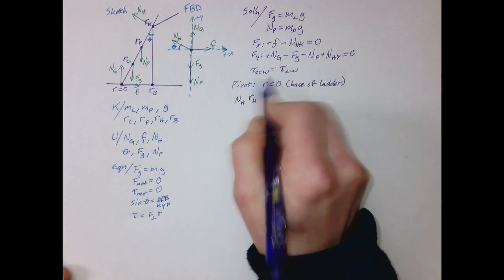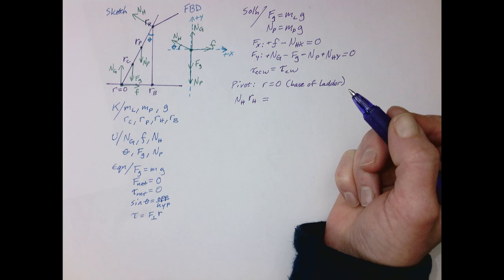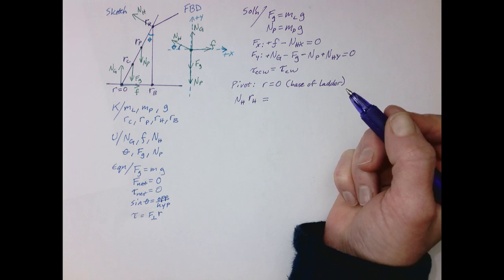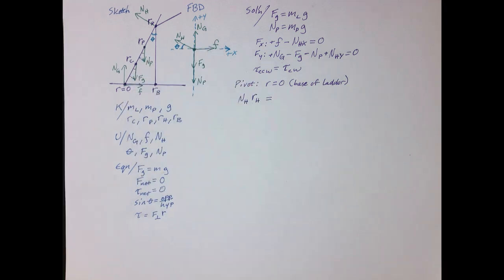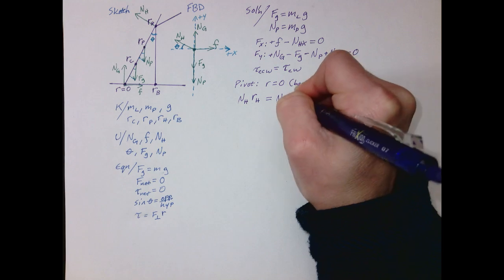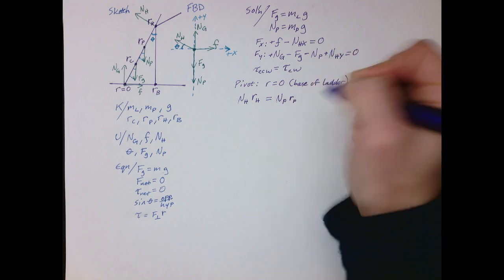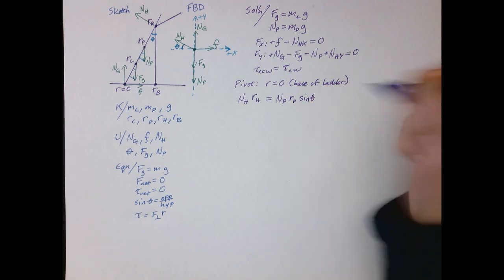And again, the counterclockwise torque is equal to the clockwise torque. We determined that the forces applying clockwise torque include the normal force from the person and the force due to gravity. So then we have the normal force from the person times r sub p times the sine of theta.